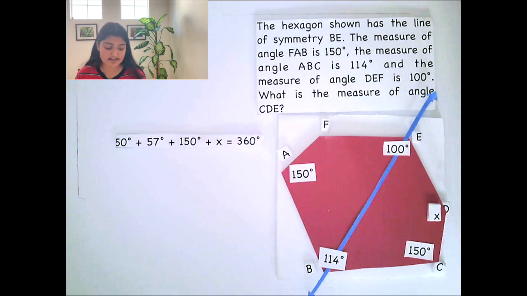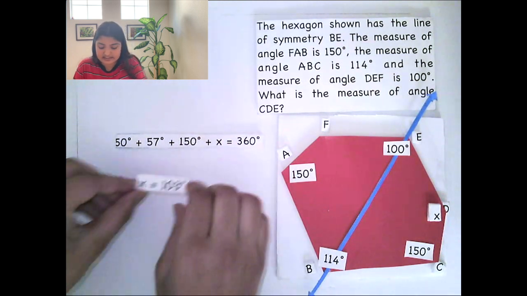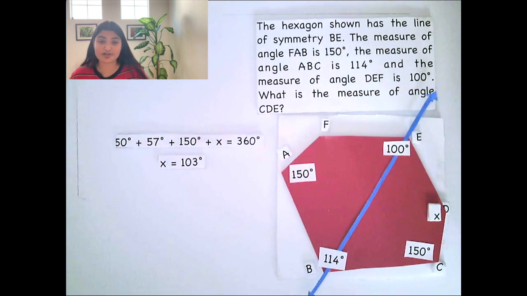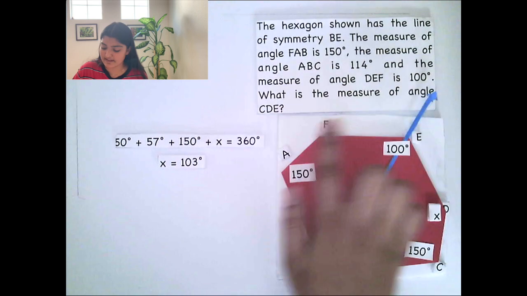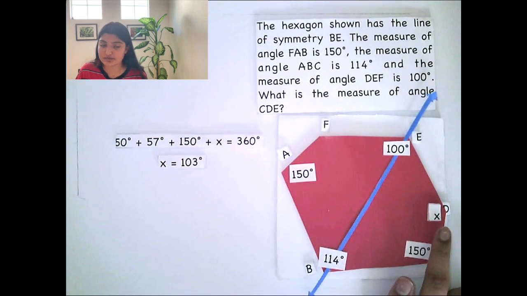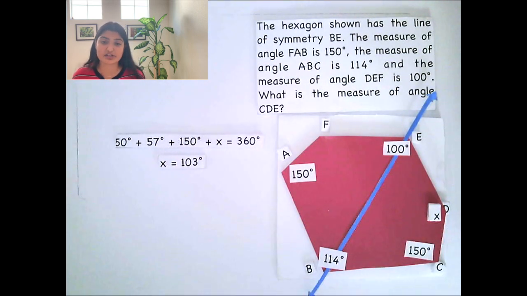We can simplify this equation down to get the value of x, which is equal to 103 degrees. As the question is asking for the measure of angle CDE, which we assume to be x, we know that the measure of angle CDE is 103 degrees.